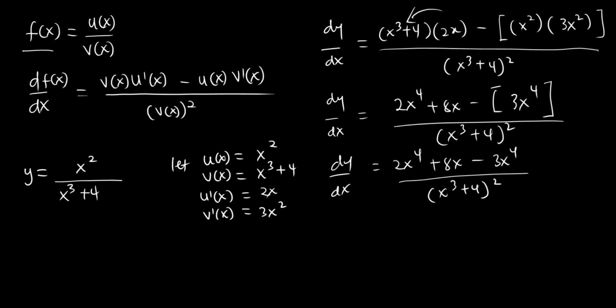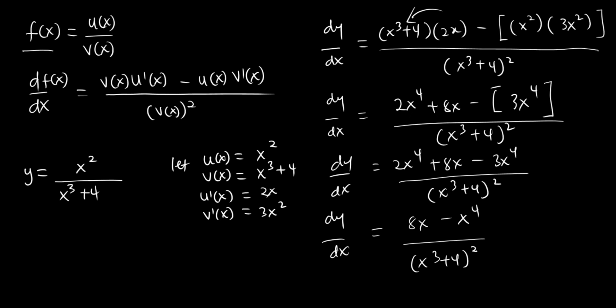So we're going to subtract, and then you're going to have minus x to the power 4. So we're going to have dy dx equal to 8x minus x to the power 4 divided by x to the power 3 plus 4 all squared. Right, so this is what you have.